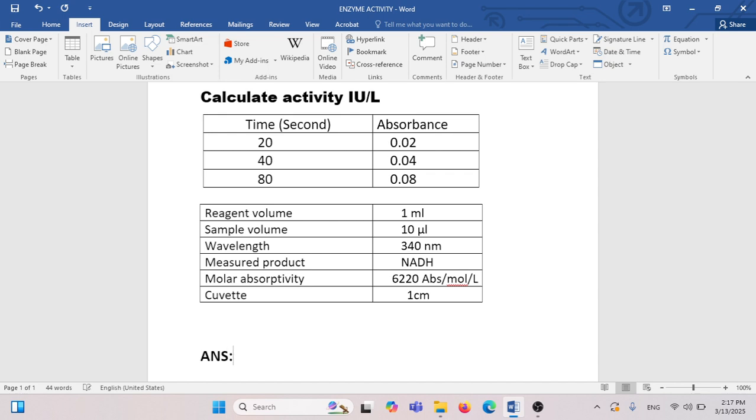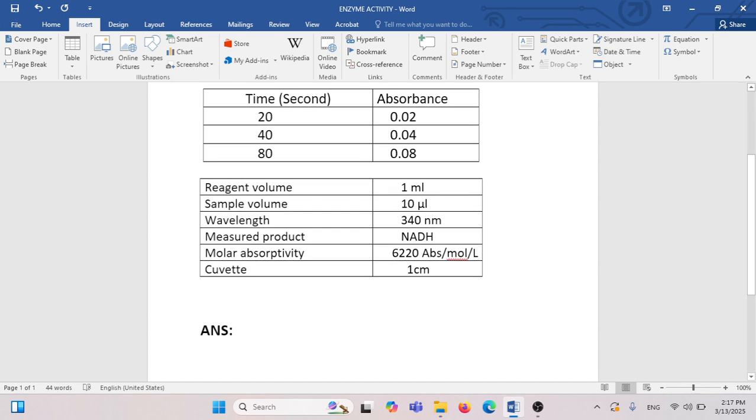Answer. Before going for the answer, we should know about Beer's and Lambert's law. The Beer-Lambert law formula is used to calculate the activity of the enzyme.